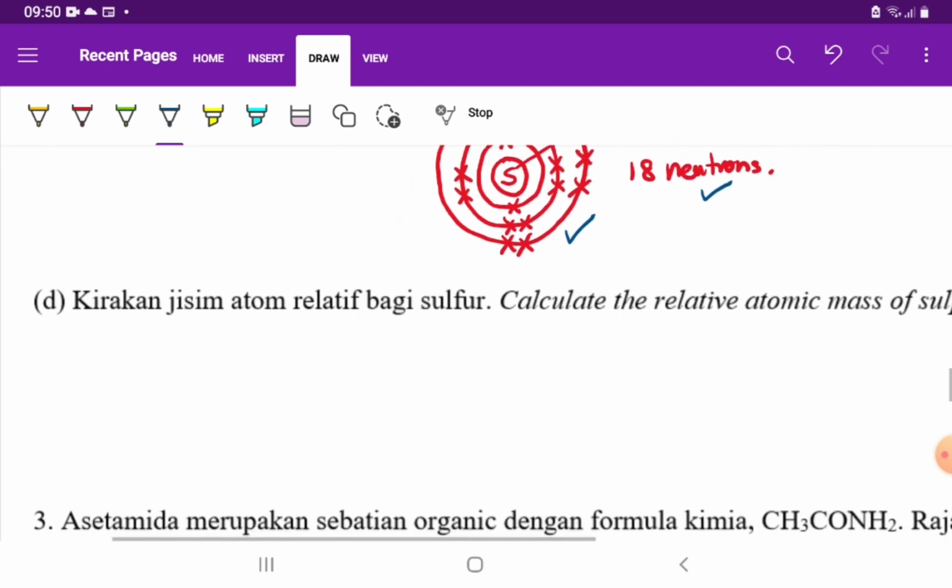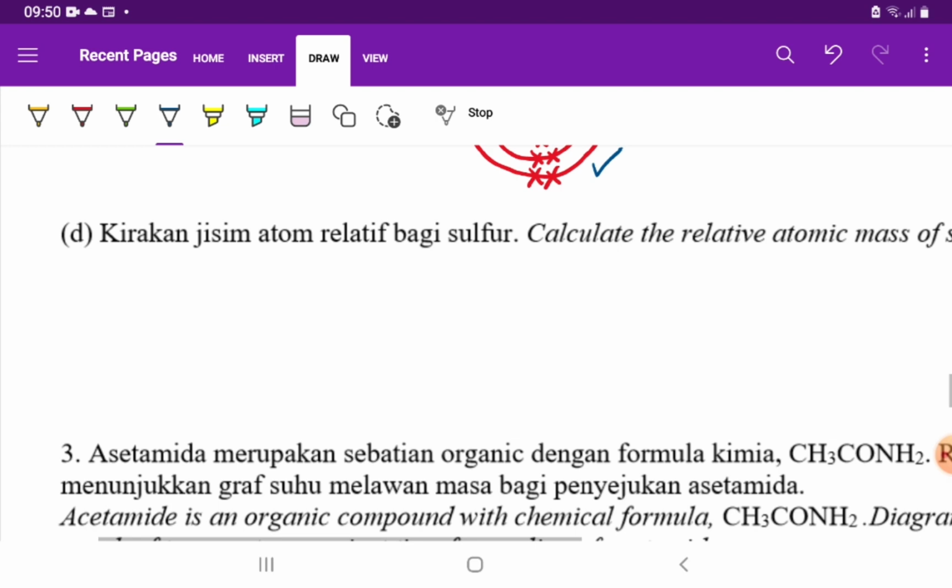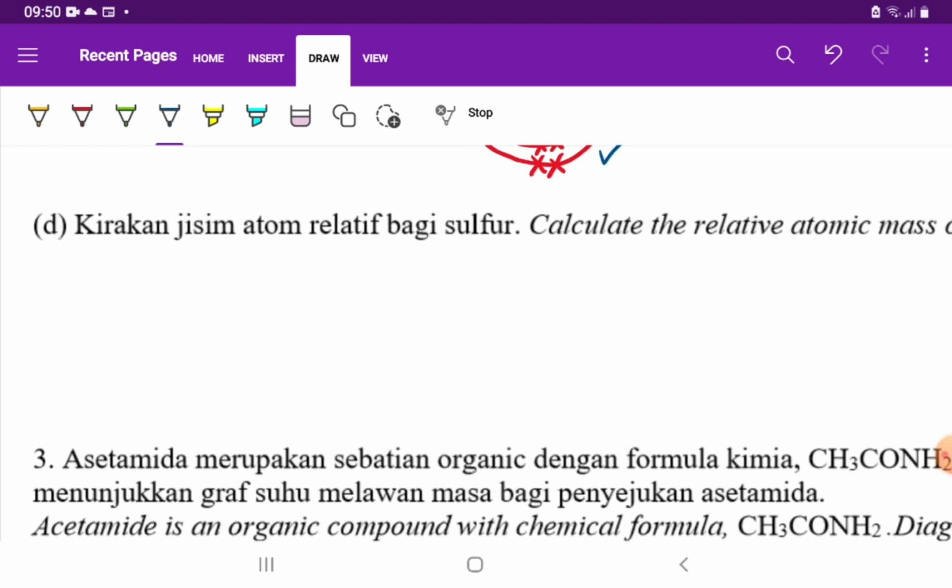Next, calculate the relative atomic mass for sulfur. This was already asked in quiz 1, but sadly there are still some students who cannot answer.